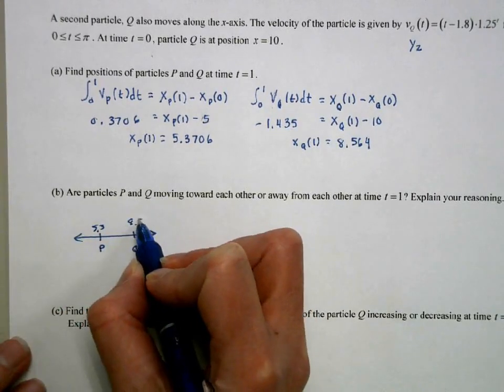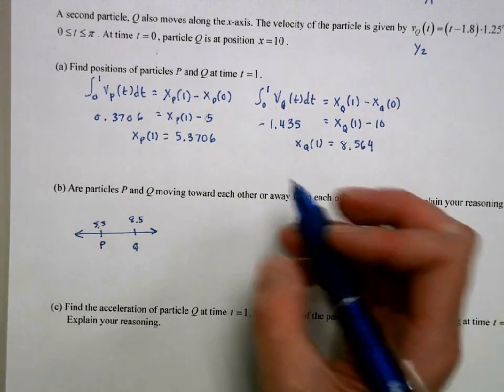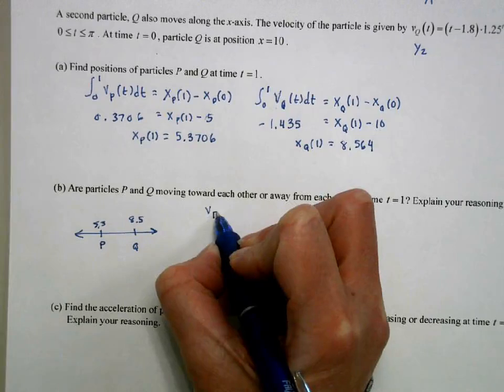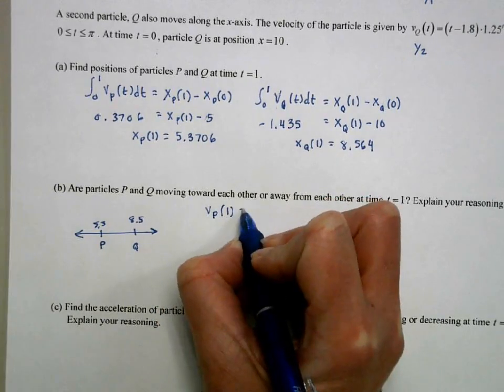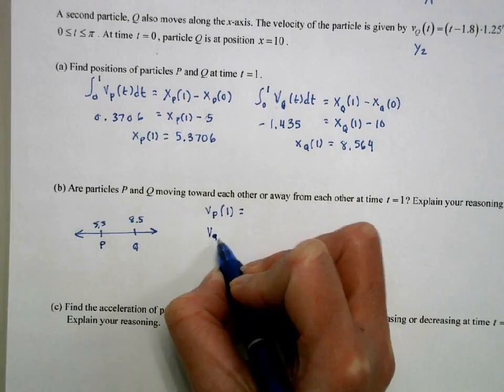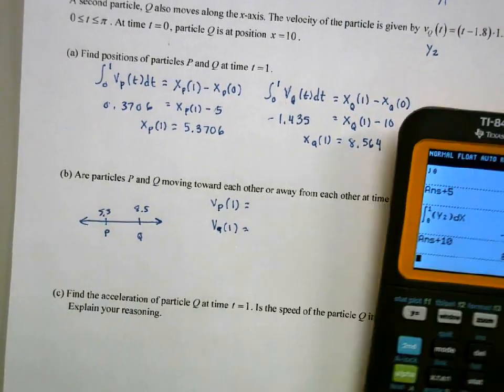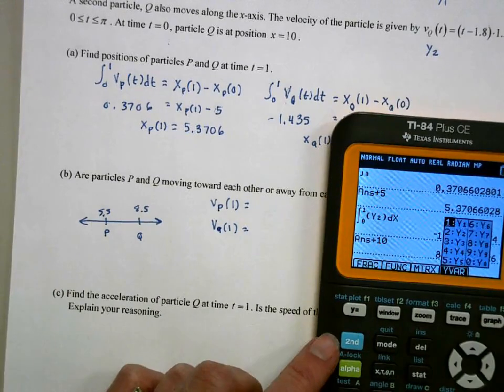So what we want to do is look at their velocities. Okay. So I'm going to find the velocity of P at 1, and I'm going to find the velocity of Q at 1. So in my calculator, we're just going to evaluate Y1 at 1.